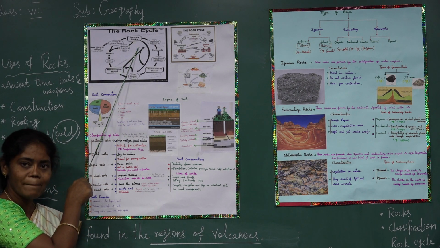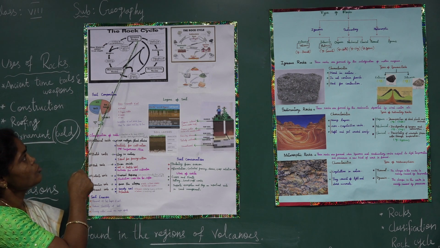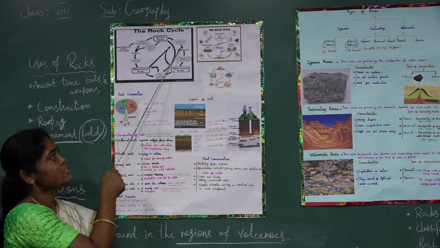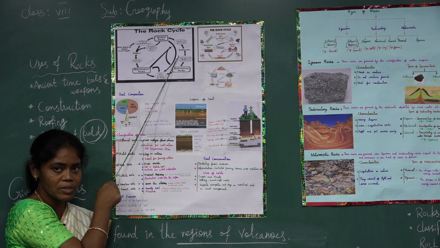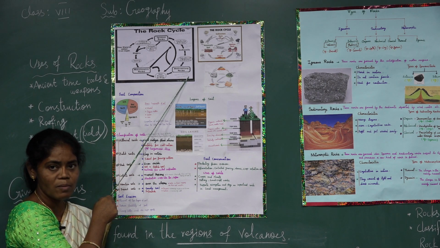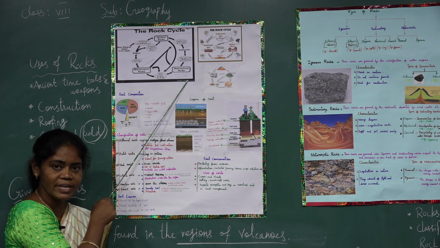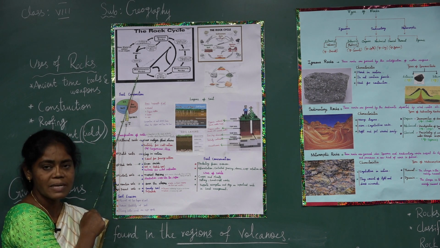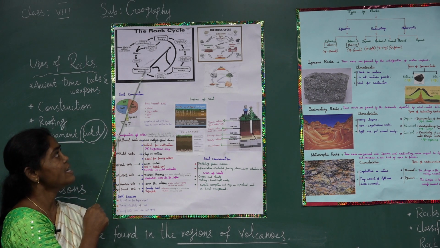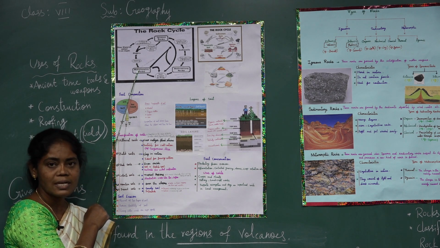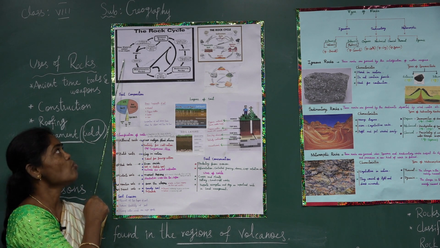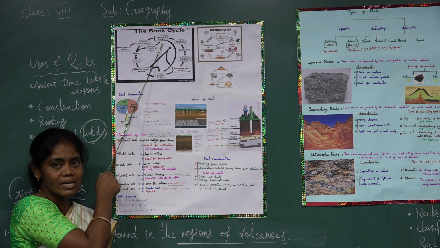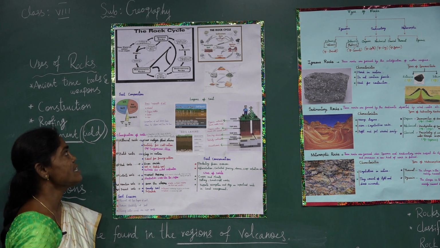Igneous rocks are said to be parent or primary rocks. Weathering takes place, and sediment is deposited, sedimentary rock is formed. Igneous and sedimentary, due to high pressure and temperature, change takes place, metamorphic rock is formed. This metamorphic rock also disintegrates, becomes molten magma, once again comes out, cools down, and forms igneous rock. So the rock cycle we have seen.